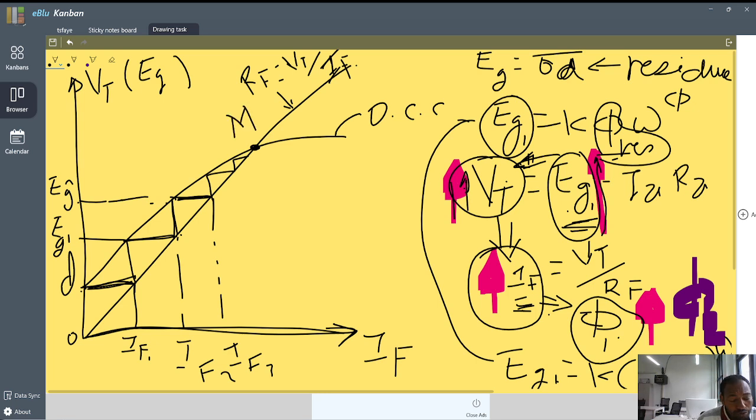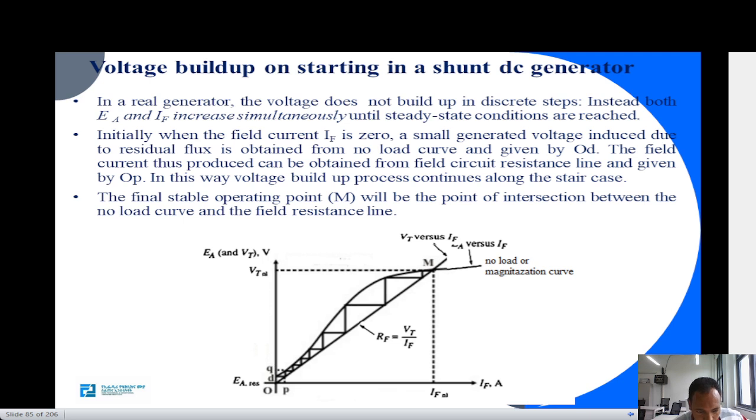If you see the way the voltage inside the generator is built, it seems like a ladder. It starts from here and starts diminishing and stops here, showing stages. Practically, everything is built simultaneously, but logically they build gradually.